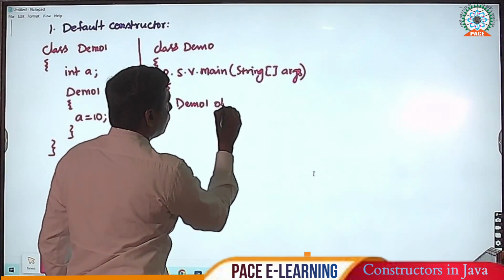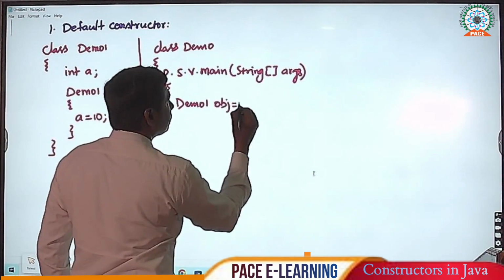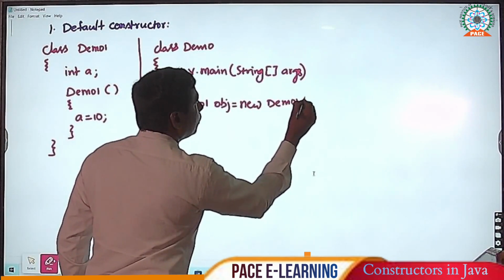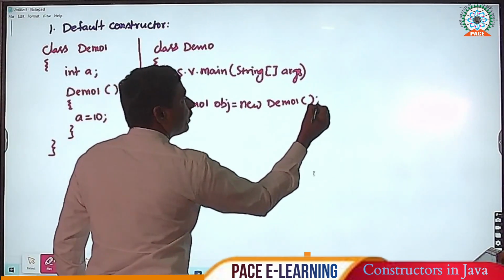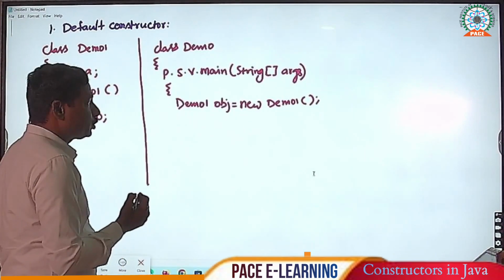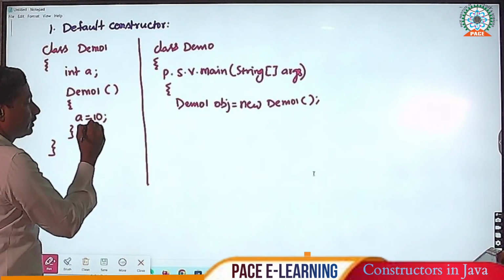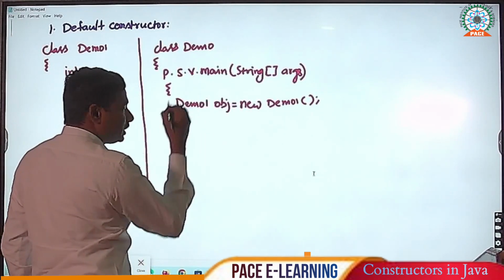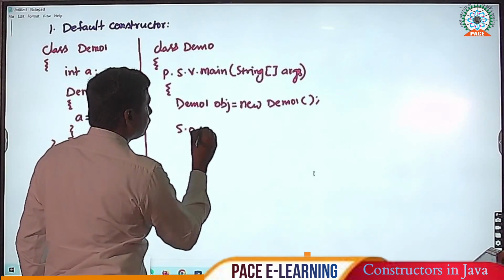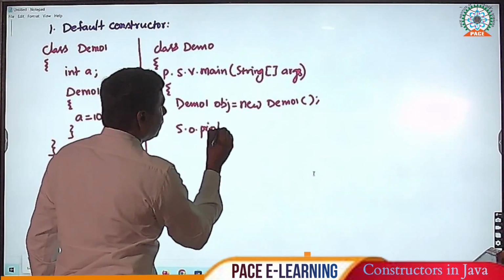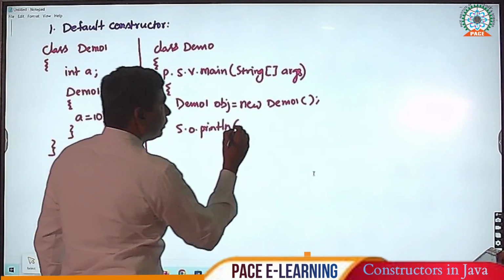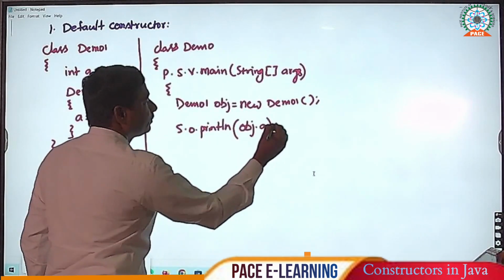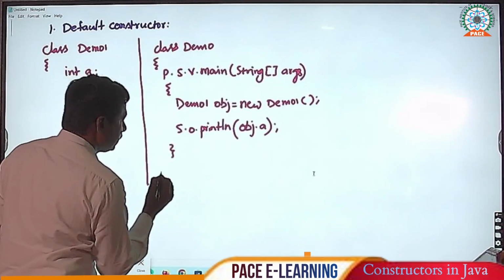Demo1 obj = new Demo1(). Yes. Now I am trying to access this a value. I am trying to print the a value of the object obj: System.out.println(obj.a). Close it here, close it here.